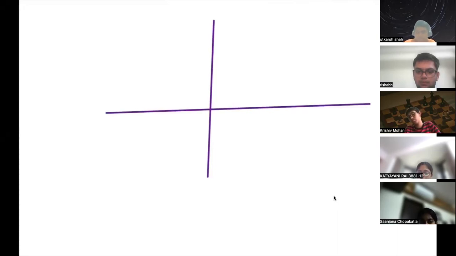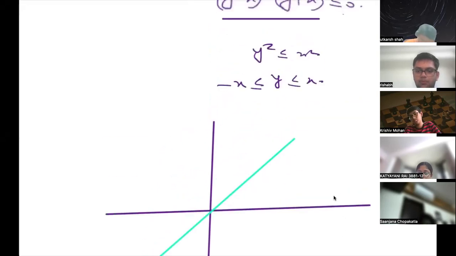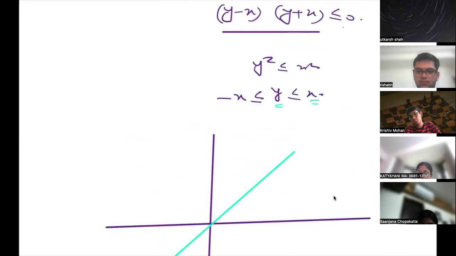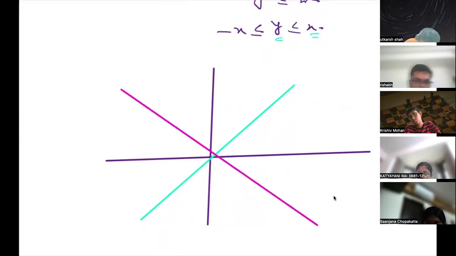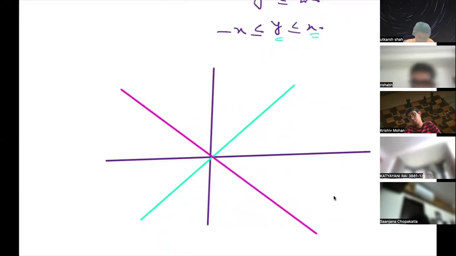Now one line is y is equal to x, and the second line is y is equal to minus x. Now, which portion do we have to take? We have to take the portion where y is lying between minus x to plus x.